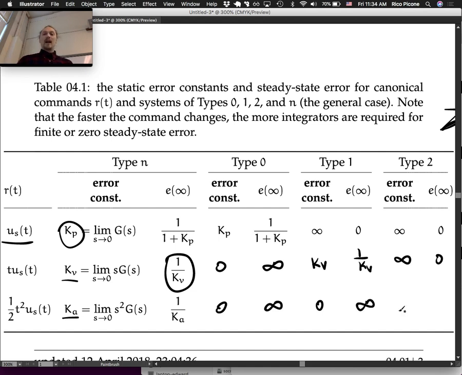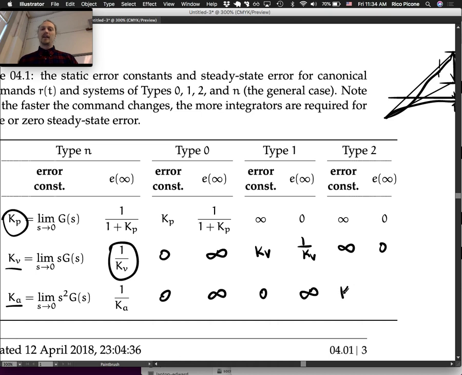Now, if you go up to a type 2 with 2 integrators, you can at least make it finite in this case. So 2 integrators cancels these 2 s's, and we get the limit as s goes to 0 of g of s. So it's something finite with error constant Ka, which is called the acceleration error constant.